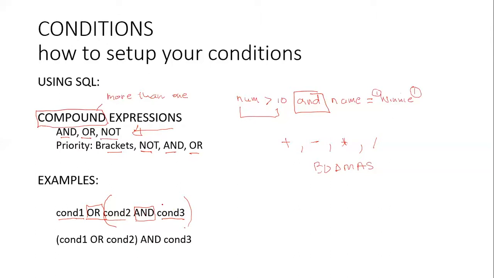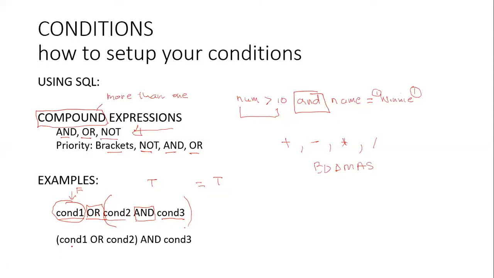That will evaluate to either a true or a false, because that's what conditions do. Let's say the answer was true, you will then take condition 1, evaluate that, which will also evaluate to true or false. And let's assume that was false. You will then take false or true, and that will give you a final answer of true. So this is how you would apply your priority when working with conditions that have multiple operators.